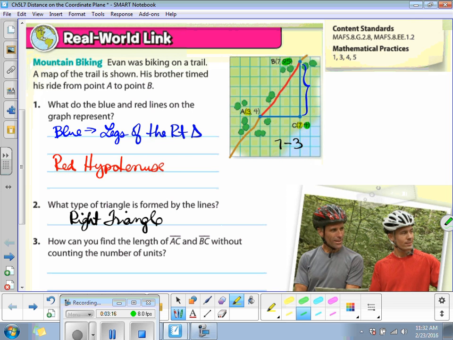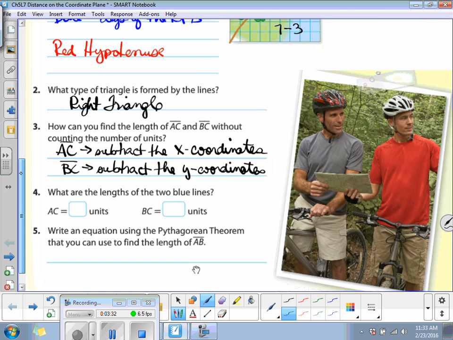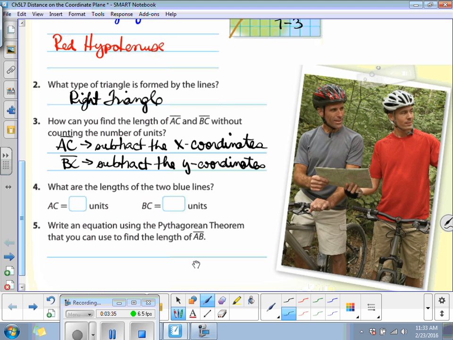So in order to find those distances, we would subtract 9.5 minus 4. So to find line segment AC, we'll subtract the x-coordinates, and to find BC, we'll subtract the y-coordinates.